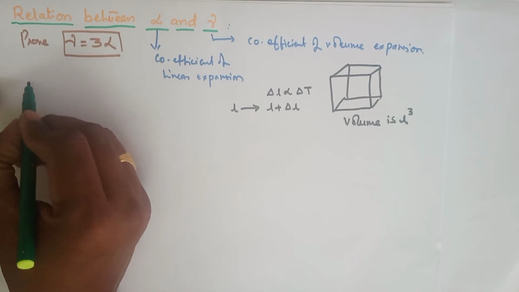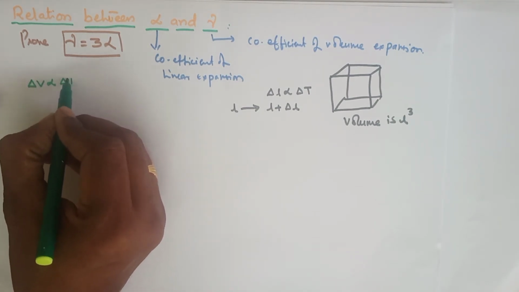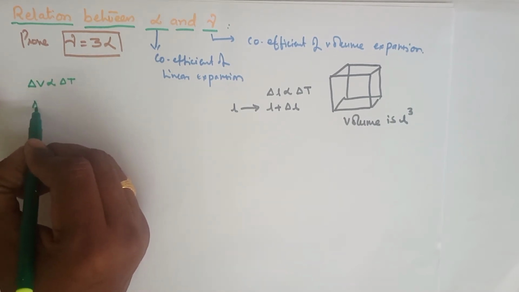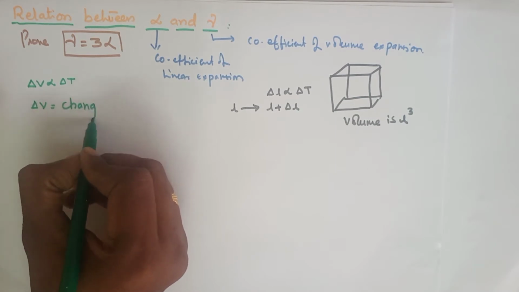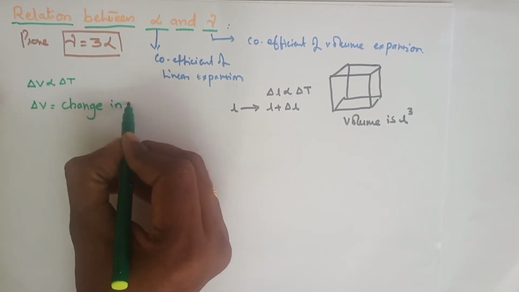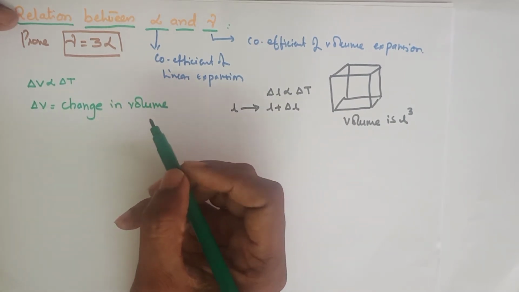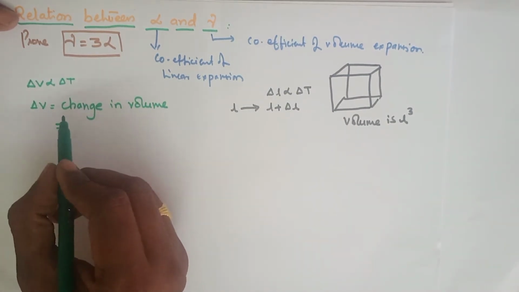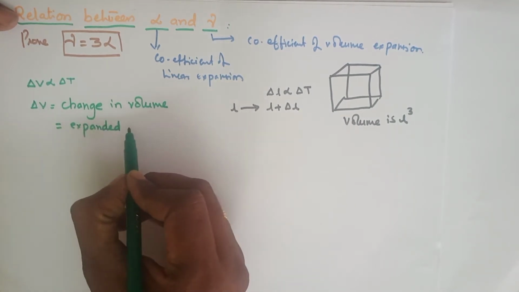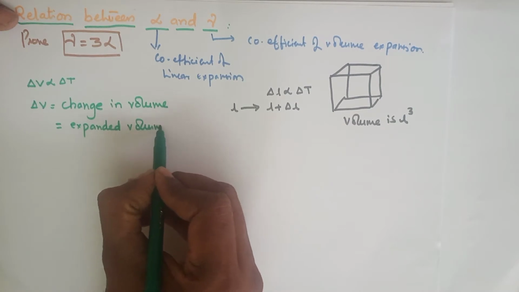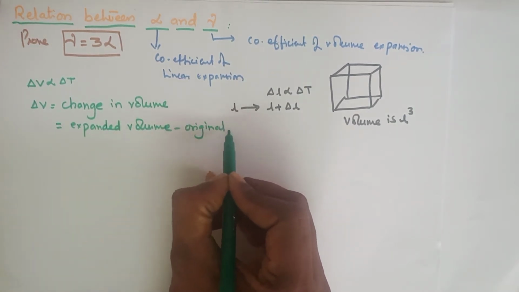Now, how to calculate delta V? Of course, delta V is proportional to delta T. Delta V is the change in volume. How to write change in volume? Expanded volume minus original volume.